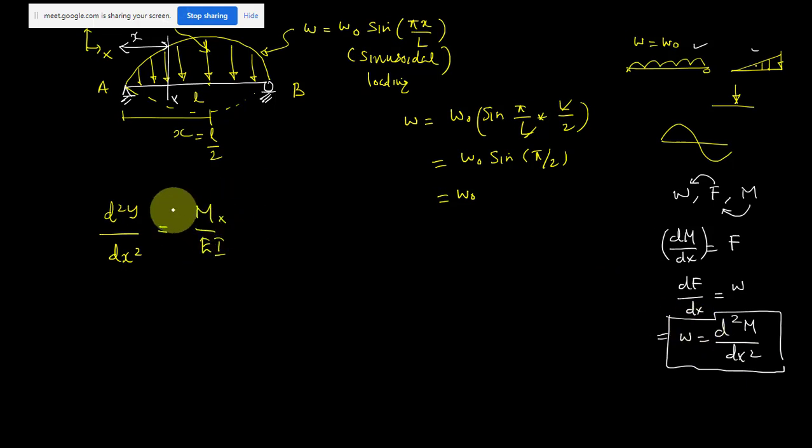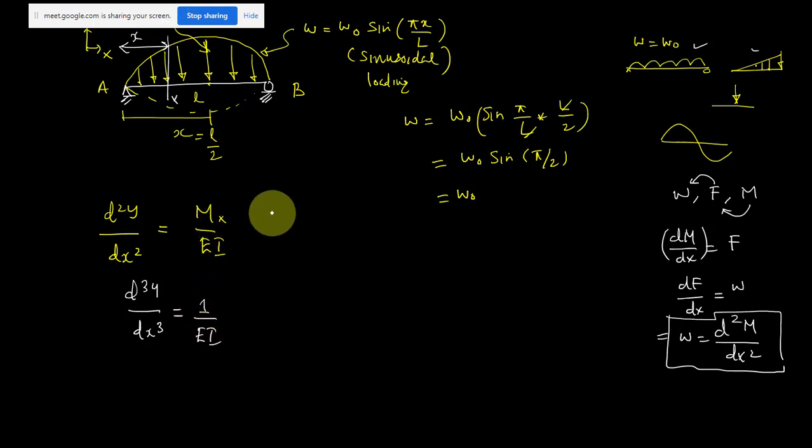For that, you take a derivative of this equation. You do the first derivative and you will get d cube y by dx cube, equal to dM by dx. I'm taking the term 1 by EI separately: 1 by EI into M(x).